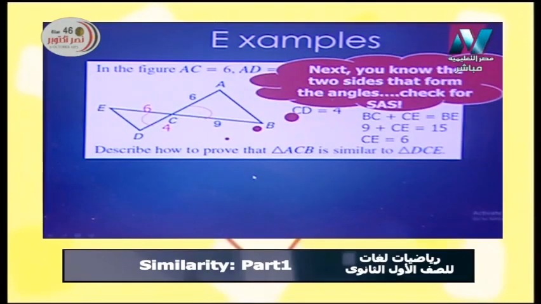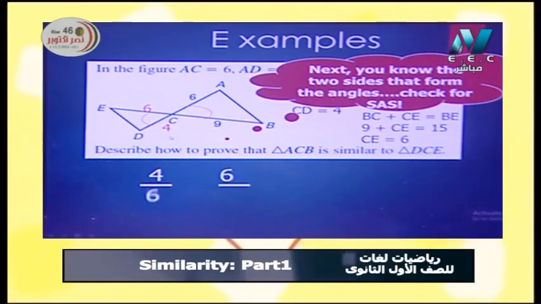Next, you know that the sides from angles, check SAS. Check SAS means check which angle we have here. Measure angle ACB equals measure angle ECD, and we have the including sides for it, EC and CD, 6 and 4, CA and CB, 6 and 9. For the first triangle, triangle ECD, we have 4 and 6.